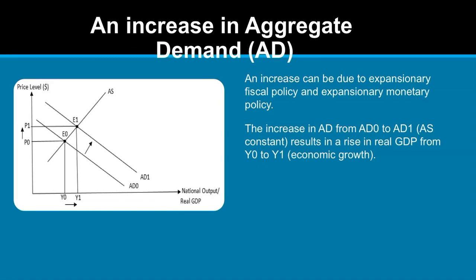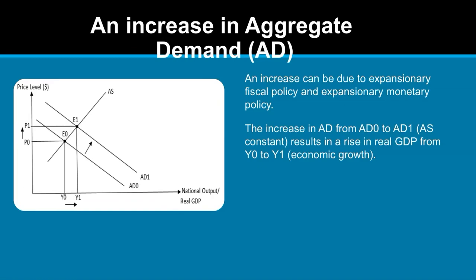So the implementation of expansionary fiscal and monetary policy by reducing the tax and increasing the government expenditure, as well as reducing the rate of interest and raising the money supply, may cause more aggregate demand in the economy. This will cause the AD curve to shift from AD0 to AD1.